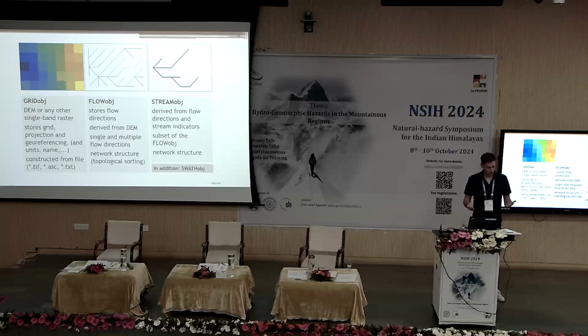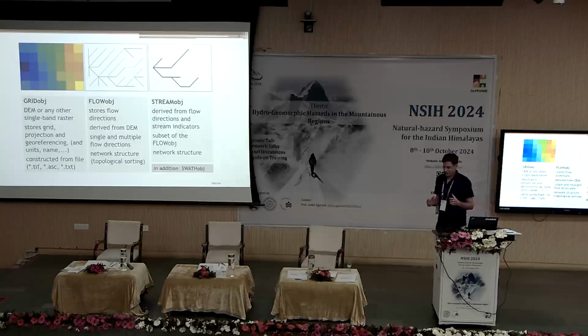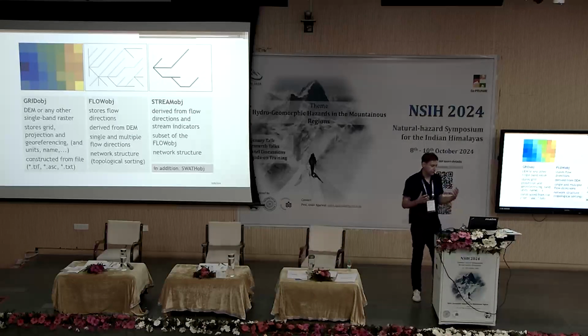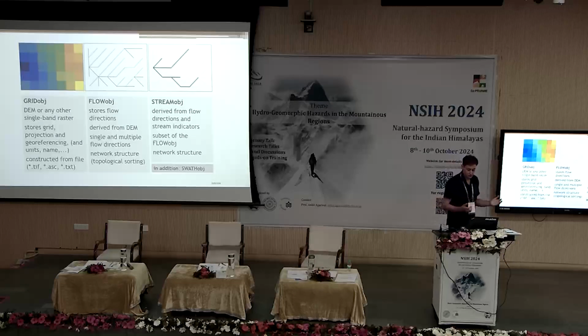But that's not all. Of course, your DEM has some geographic context. So you need to know where on Earth or on Mars or any other planet your DEM is actually located. So your matrix with elevation values also needs to be equipped with some georeferencing and so forth.